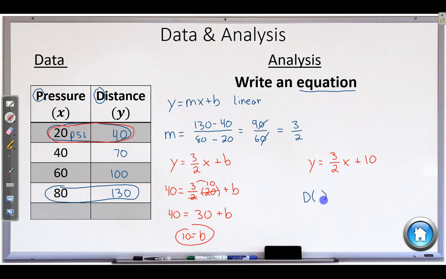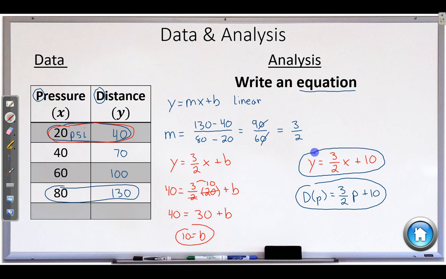So the distance at some pressure, d of p, is equal to 3 halves times the pressure plus 10. So here we have our function notation, and here we just have a regular equation. Hopefully you can see numerically they are the same, but sometimes we just use this version because it looks a little nicer.